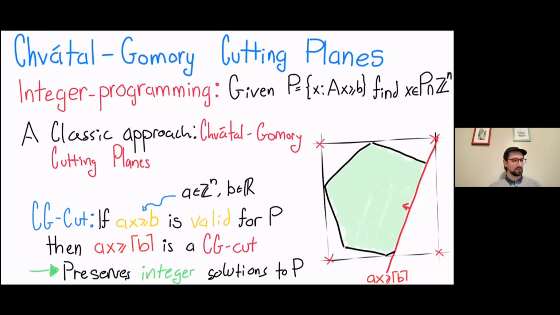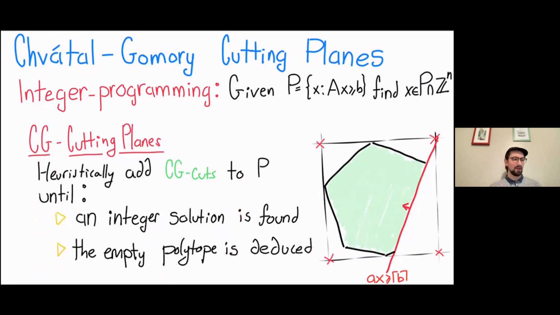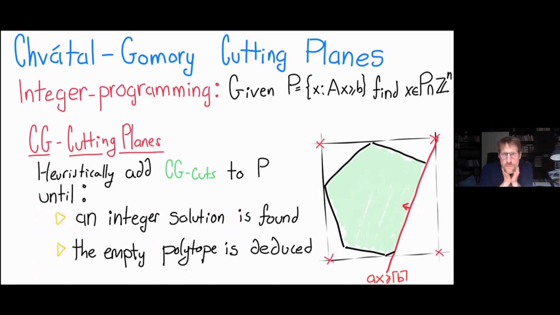Okay, and Chvátal-Gomory cutting planes is just a method to heuristically add CG cuts to a polytope P until either... Noah, the way we should think about your picture now, sorry, I guess I haven't had enough coffee, but we should think that the red corners with crosses are the integer points. Yeah.